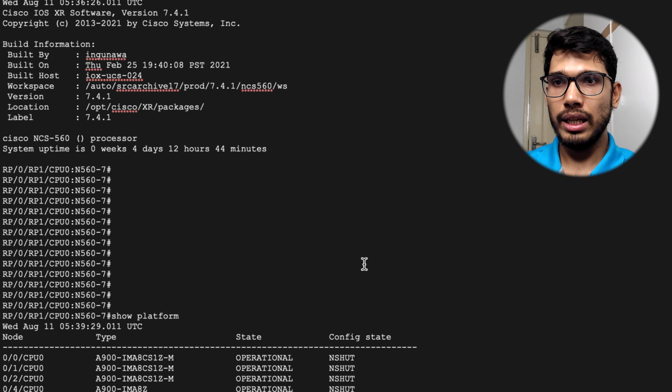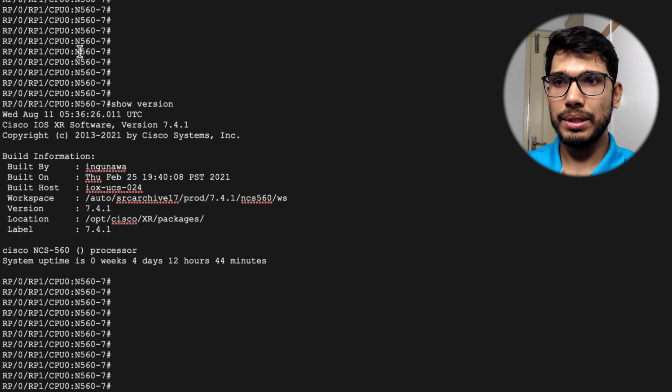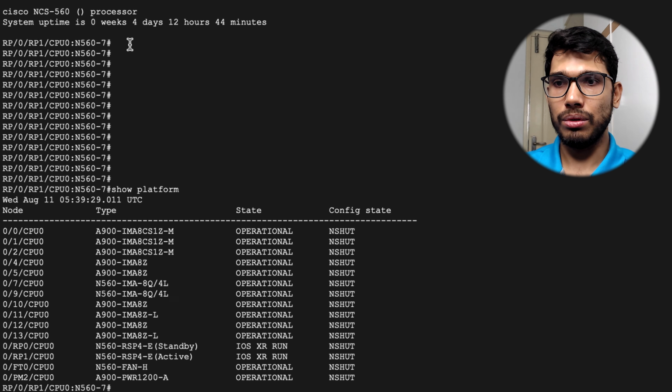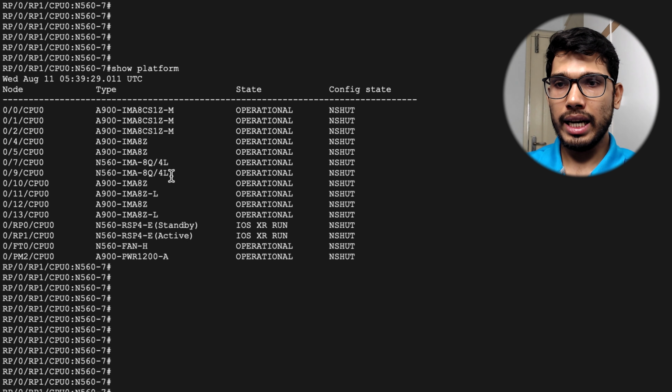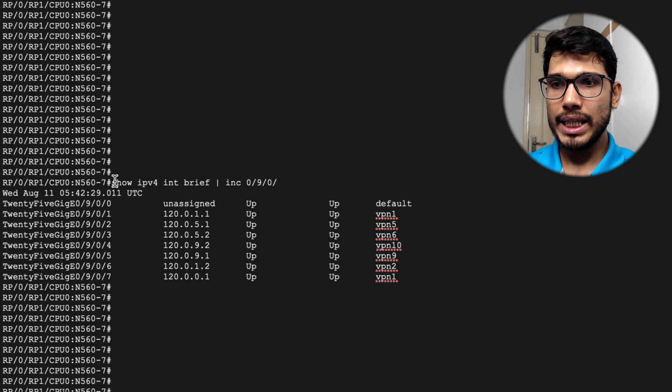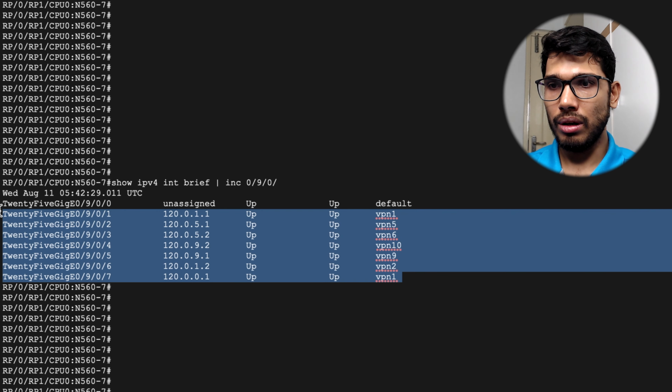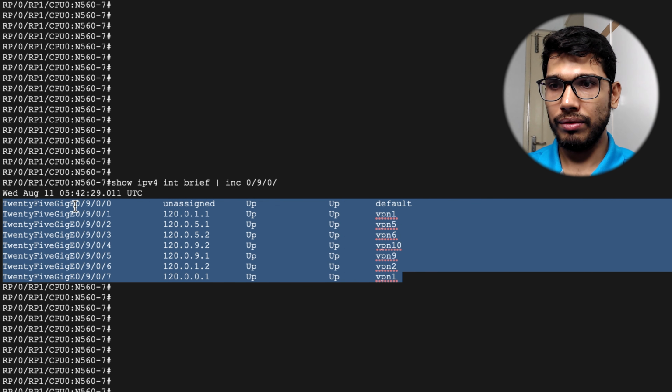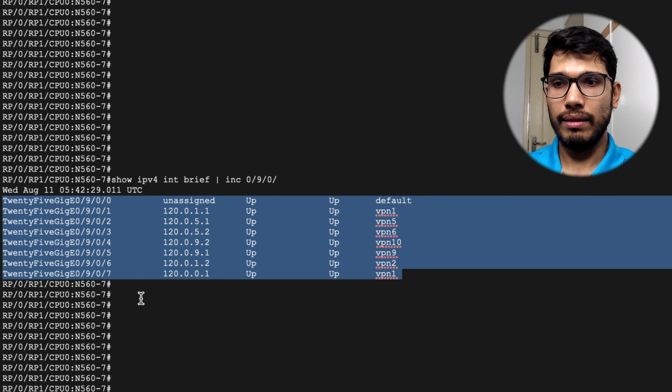Now let's take a look at the logs from a router. So these are the saved logs from a router NCS 560-7 running 7.4.1. As I can see here, I have this particular interface module inserted in slot number 7 and slot number 9. Now if I see the ports in slot number 9, there are 8 ports of 25 gig available here, 25 gig 0/9/0/0 to 25 gig 0/9/0/7.